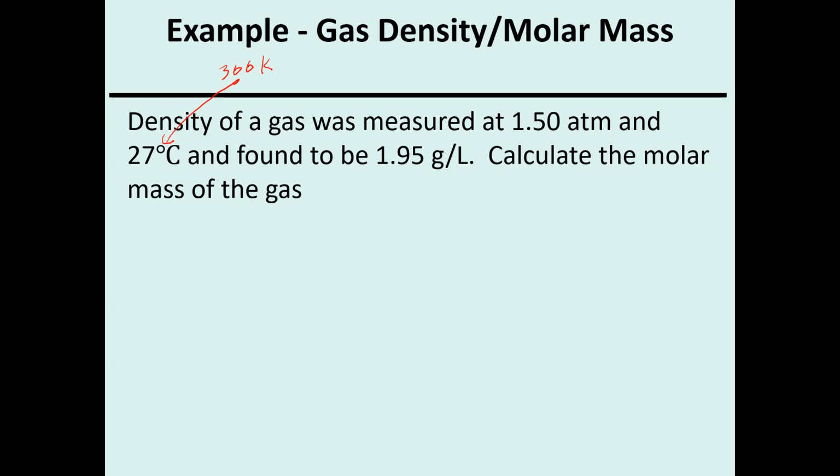So if we take the density of a gas, density is equal to the pressure times the molar mass over the gas constant times the temperature. We're given a density of 1.95 grams per liter, and we're given a pressure of 1.5 atm.